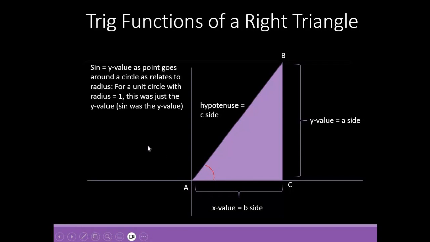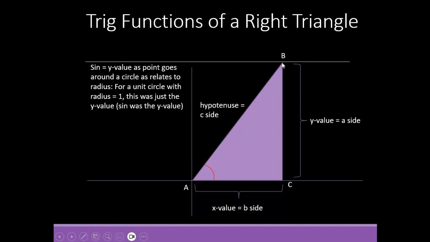So whenever we're dealing with the unit circle, sine is the y value as a point goes around the circle as it relates to the radius. Now in a unit circle, the radius equals 1, and the radius is this line right here, the hypotenuse, or the C side.